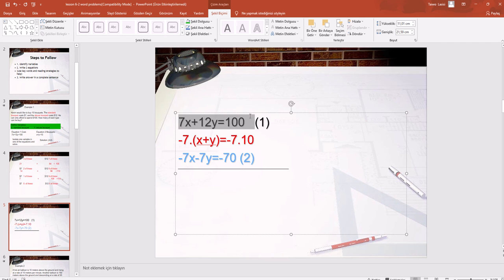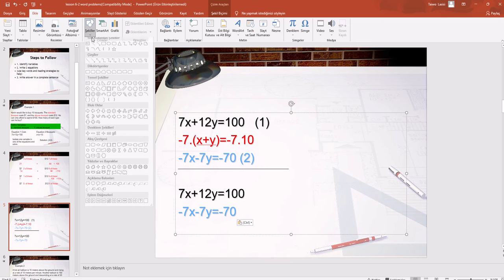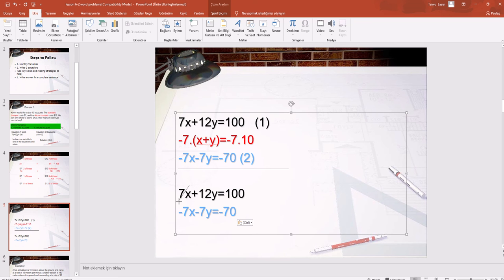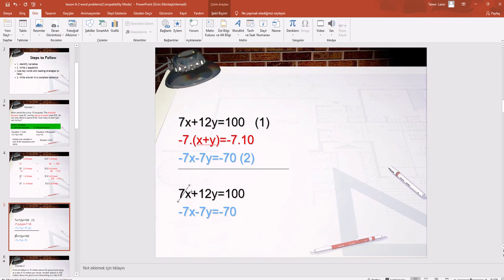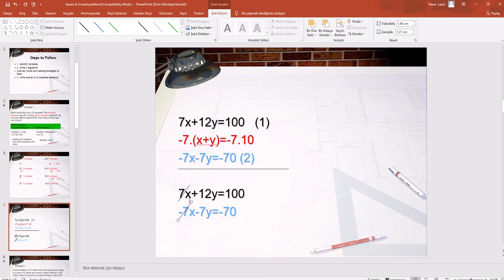So here I have this one, okay, and I have this one. Let us put them closer. So you can see that now I am going to add the left side and then the right side. When I add them, I see that, okay, this is 7x, and the other one is also minus 7x. 7x minus 7x is 0.